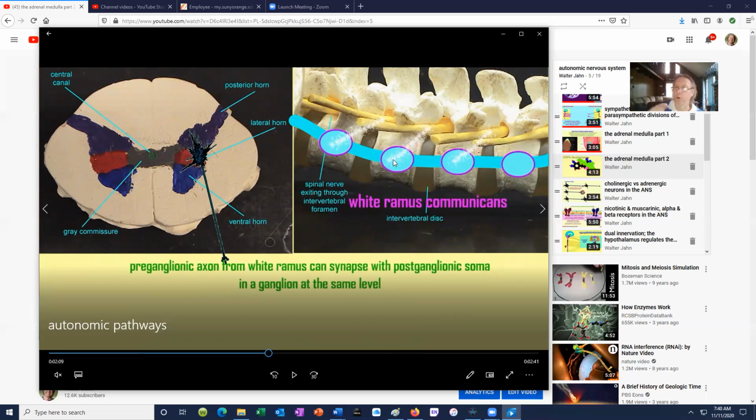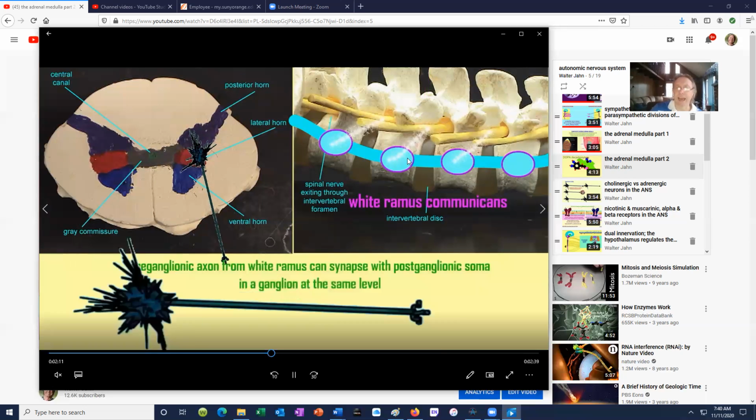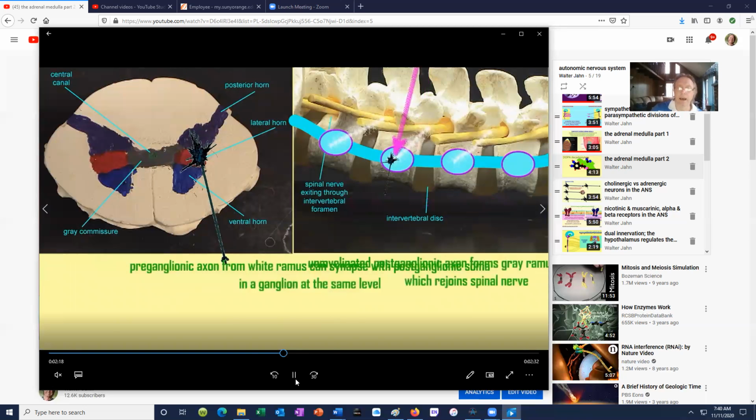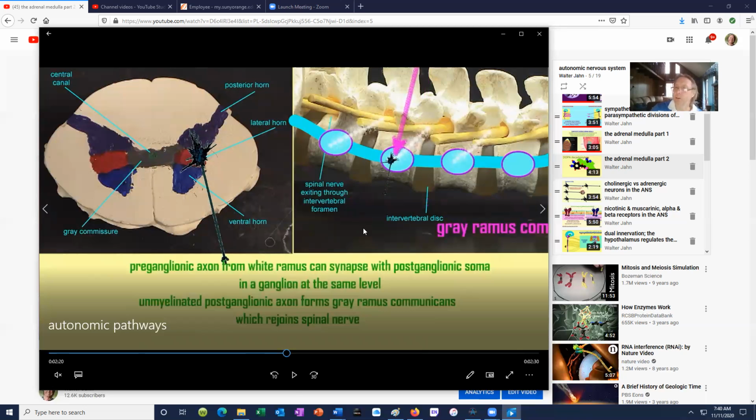Now, there are some variations. So for example, it's typical that this axon would synapse in a ganglion that is at the same level. So here we'll see it at the same level. It came out there and it goes there. Here then is the postganglionic neuron. And it's now going to send its axon back to the nerve so that it can go to the effector organ.